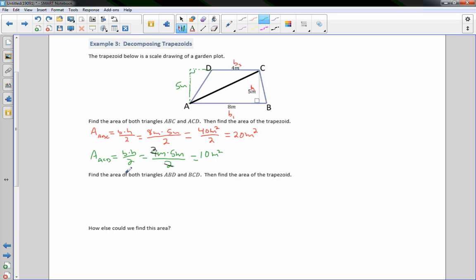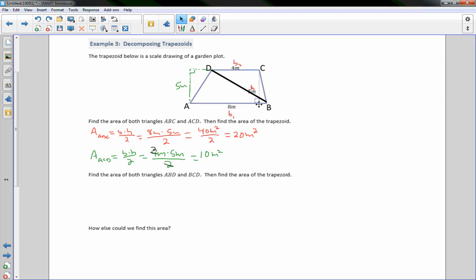It says find the area of both triangles ABD and BCD. So what they're saying now is to get rid of this line. Oh, I can't delete it. I'd have to delete it. Let's do that. Okay, and now I need to draw a diagonal from here over to here. And now it says find the areas of both ABD.